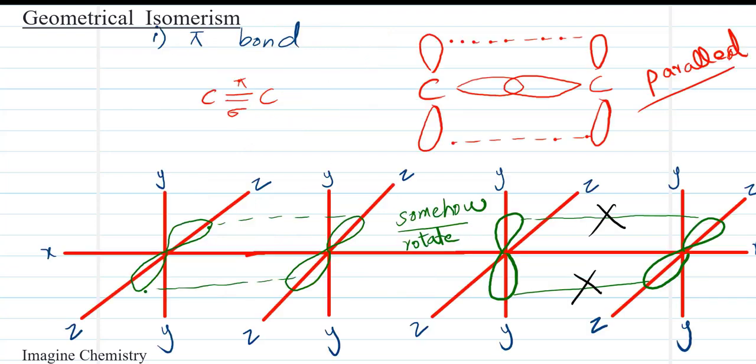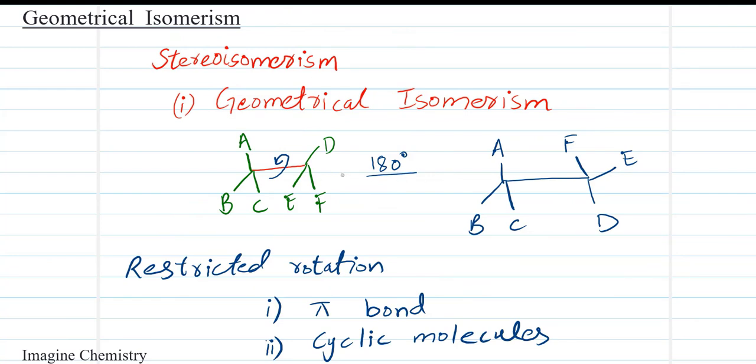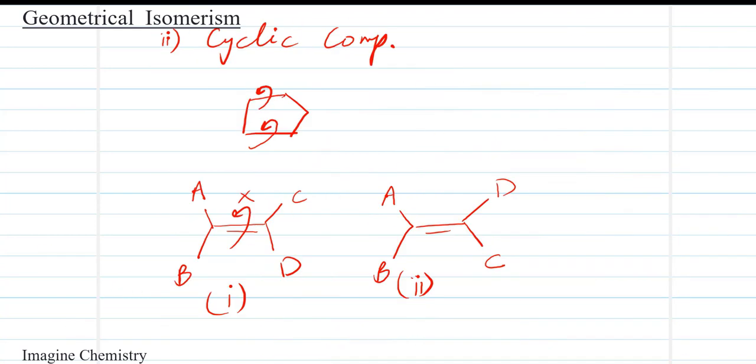In the first case, these two structures are the same compound because there is only rotation of the bond. But in the case of this compound, these two structures are not similar because there is no rotation of the bond. When there is no rotation, these groups stay in their places.